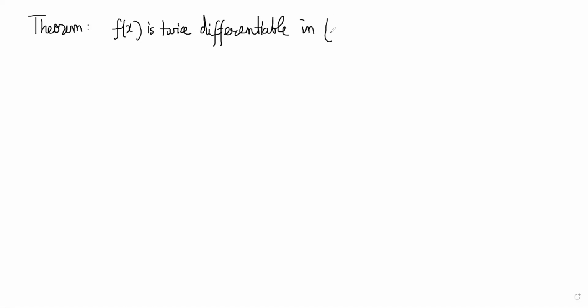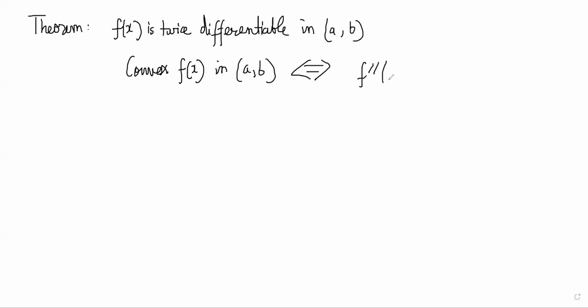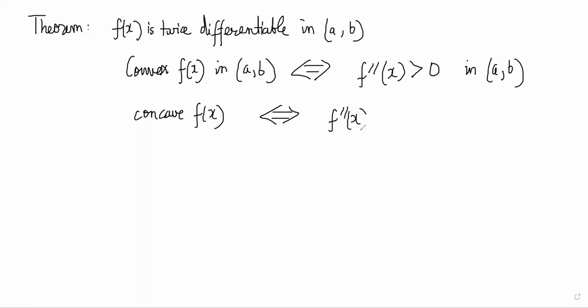Now, there is a simple theorem to check concavity or convexity. The theorem says that if f of x is twice differentiable in the open interval a to b, we have convex function f of x in a to b implies f double dash x is greater than 0 in a to b, and concave f of x implies f double dash x is less than 0 in a to b.